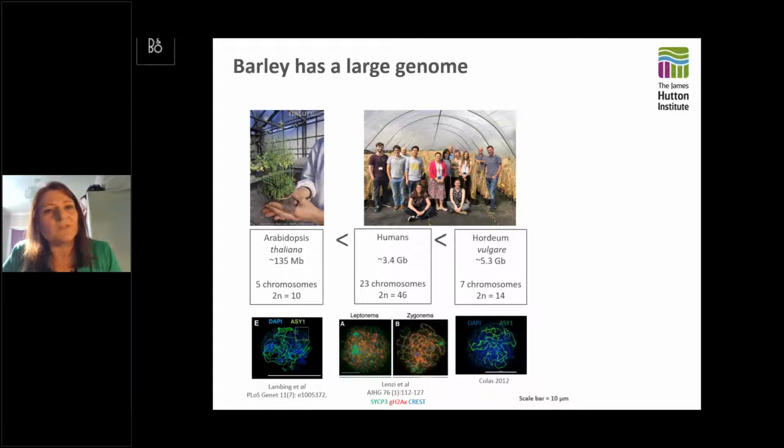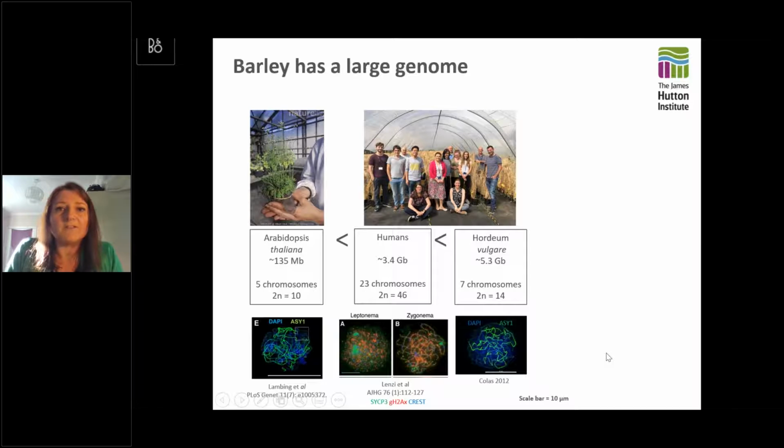But it's been brilliant because you can sequence it and do a lot of things, and it has been very valuable for the meiosis field in particular. Using super-resolution microscopy, you can have quite lovely pictures. This is one from the paper from Lambing et al., which is quite recent actually. But if you look at the scale, it's a very small nucleus compared to barley.